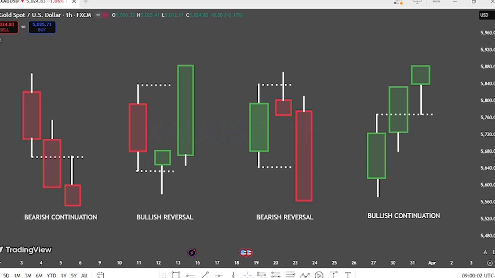This candle would act as the accumulation phase of a price distribution, or the accumulation phase of a price distribution leg. So I will give you an example using this bearish continuation pattern.